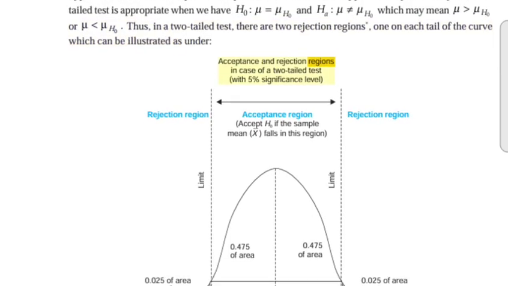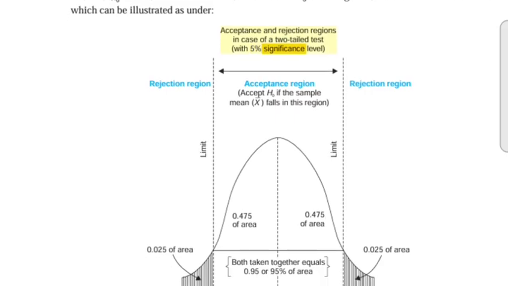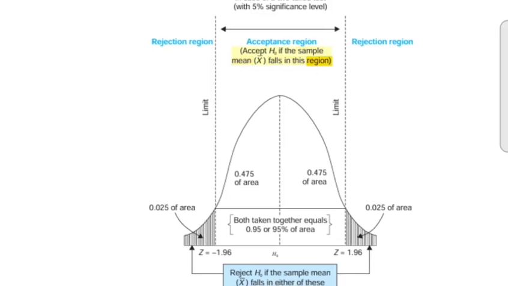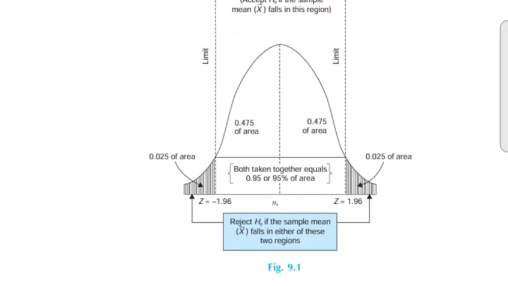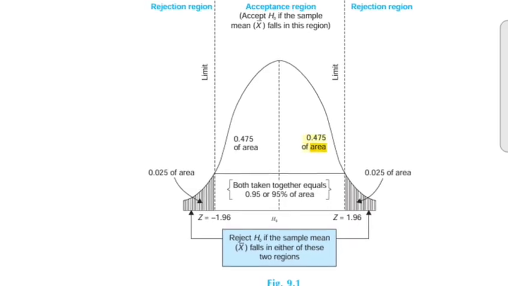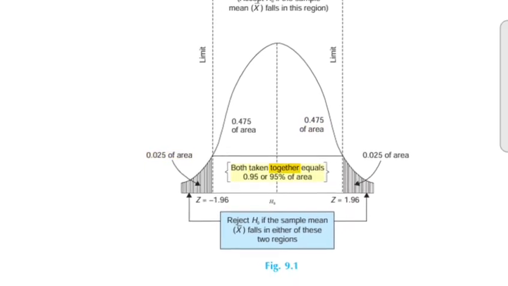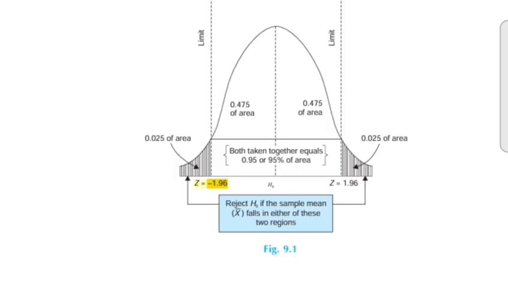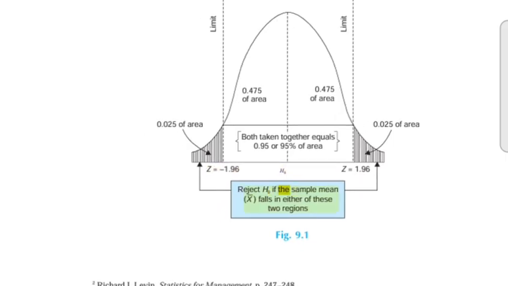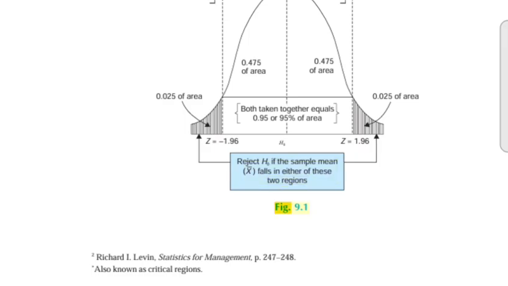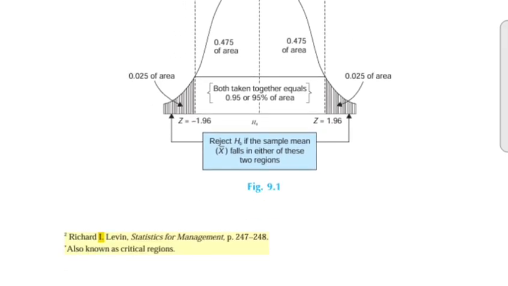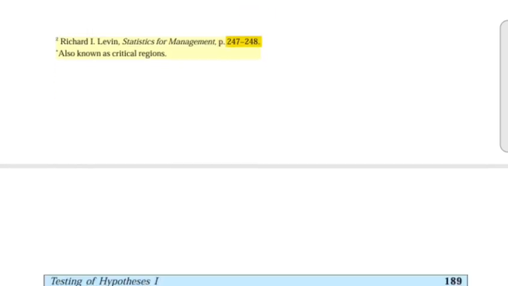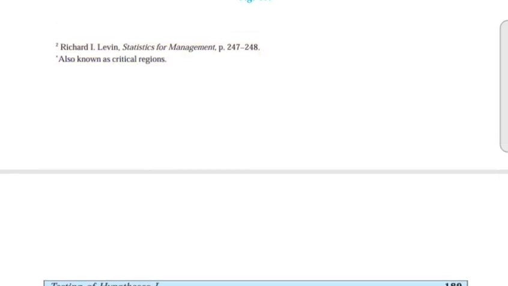Acceptance and rejection regions in case of a two-tailed test with 5% significance level: accept H0 if the sample mean falls in the acceptance region, 0.475 of area on each side, both taken together equal 0.95 or 95% of area; rejection regions, 0.025 of area each, at z equals minus 1.96 and z equals 1.96. Reject H0 if the sample mean falls in either of these two regions, also known as critical regions.